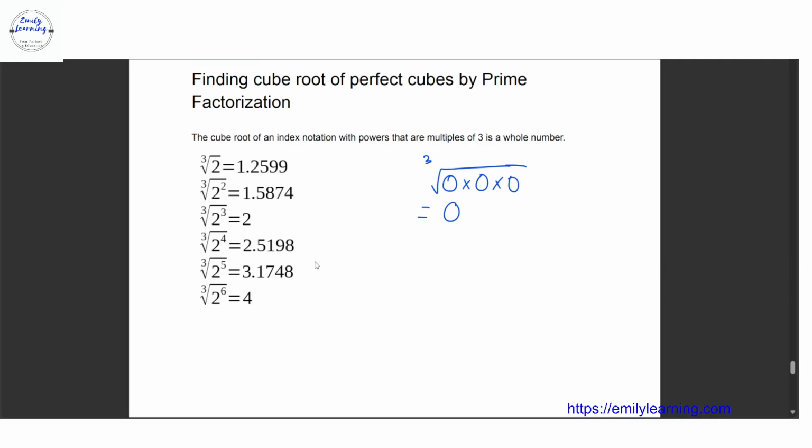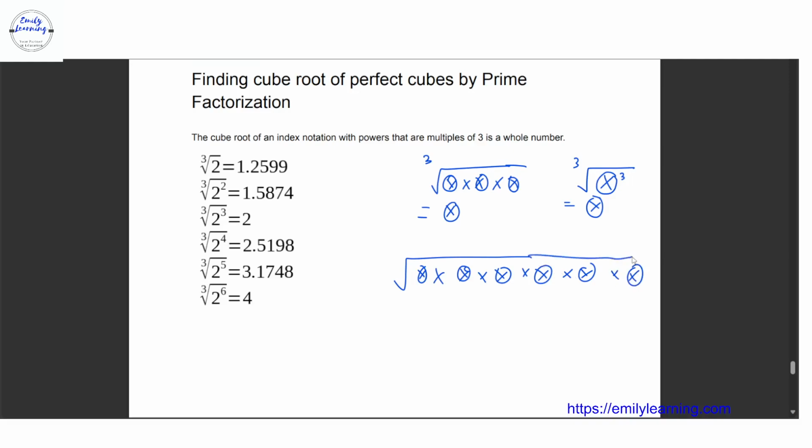For example, if I have circle to the power of 3, and I cube root this number, I'll get circle. Now take circle to the power of 6, where the circle is multiplied 6 times, and I'm going to cube root it.